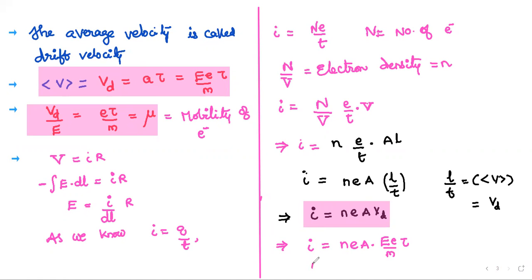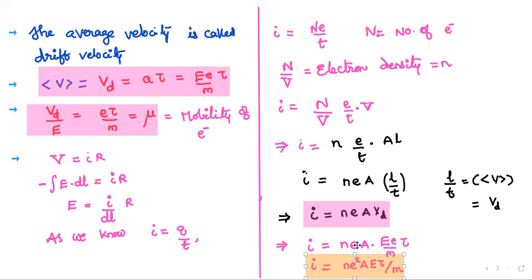Finally you are getting I = nE squared A E tau divided by m. This is the equation you have to remember for current in terms of relaxation time.